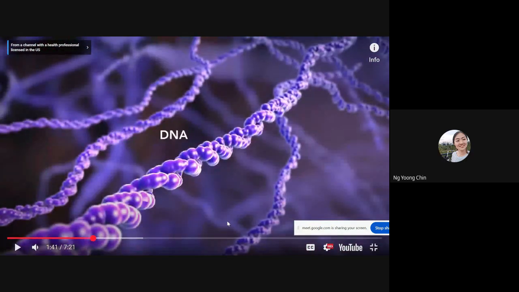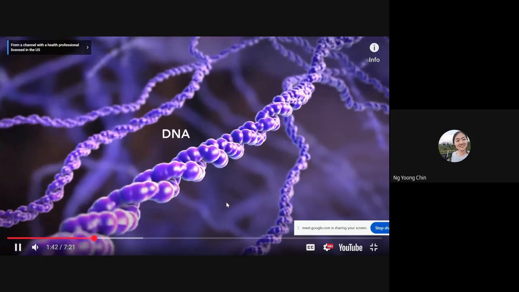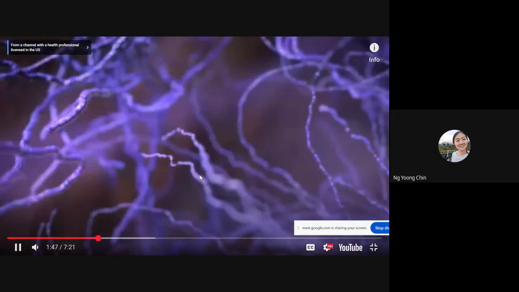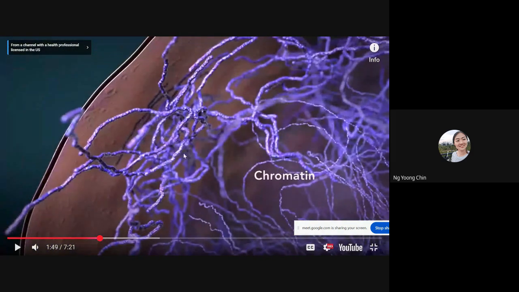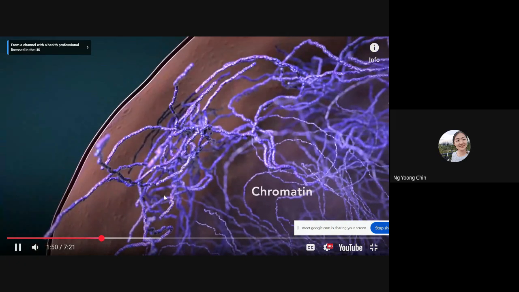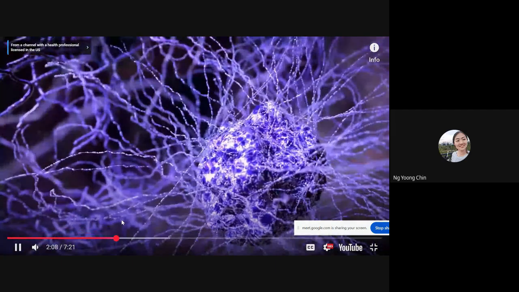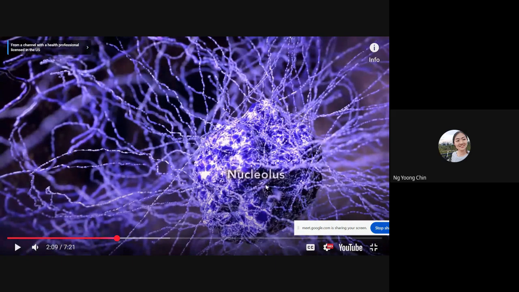When you view inside the nucleus, you can see the genetic material, which is the DNA. So this is DNA. DNA will coil together and condense, and they will form the chromatin. So this is a nucleus. The nucleolus is a small, tiny structure found inside the nucleus.